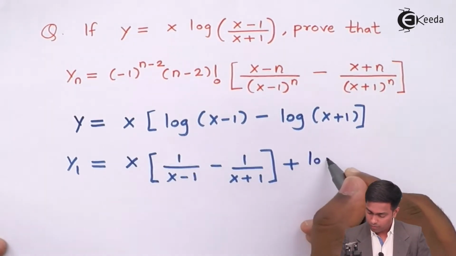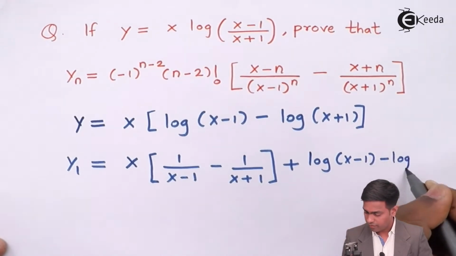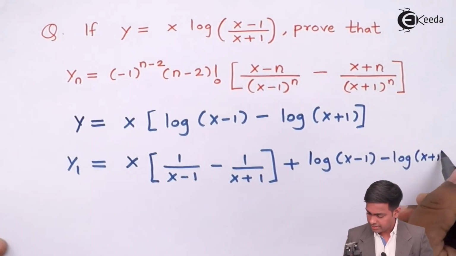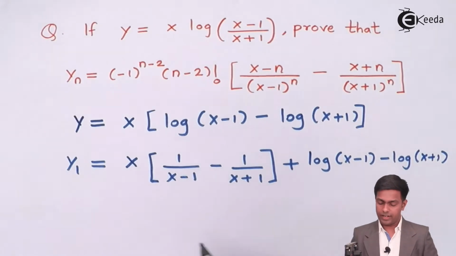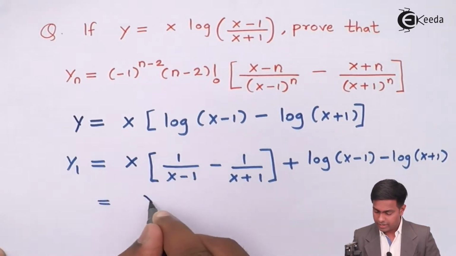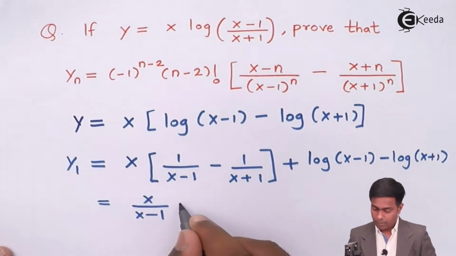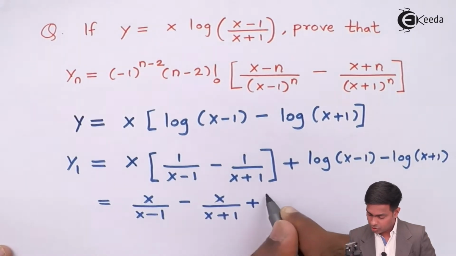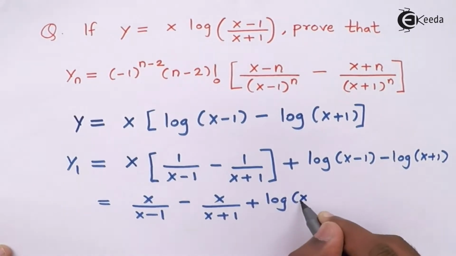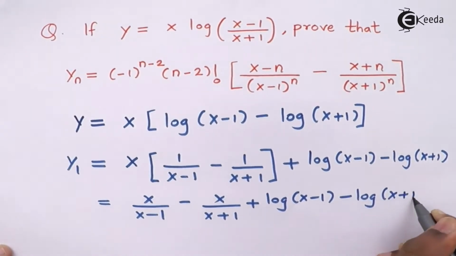So log of (x minus 1) minus log of (x plus 1) as it is, and the derivative of x is 1. So guys, this is the value of y1. So if we rearrange this, then we'll get x upon (x minus 1) by multiplying this bracket with x, minus x upon (x plus 1), plus log of (x minus 1) minus log of (x plus 1).